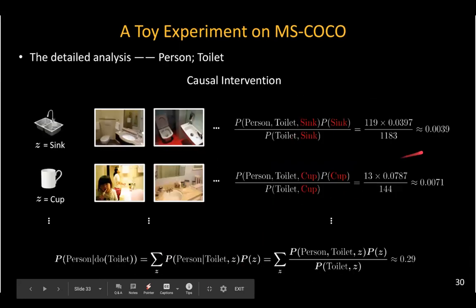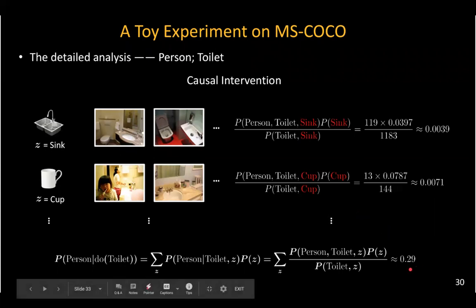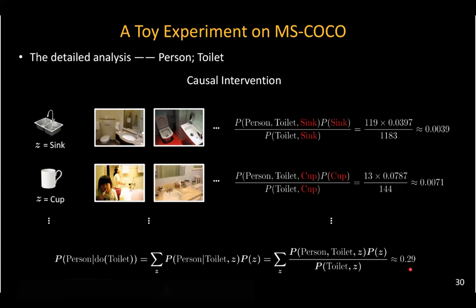We can get 0.0093. And if we do this computation for all the other objects in the whole data set and add them together, we will get 0.29, which is the real, or more reliable, correlation between person and toilet. Yeah, I think this is a clearer way to illustrate the idea.